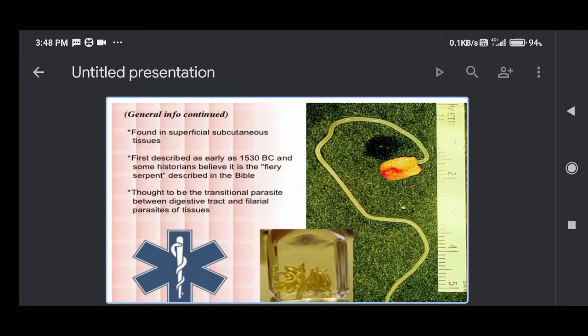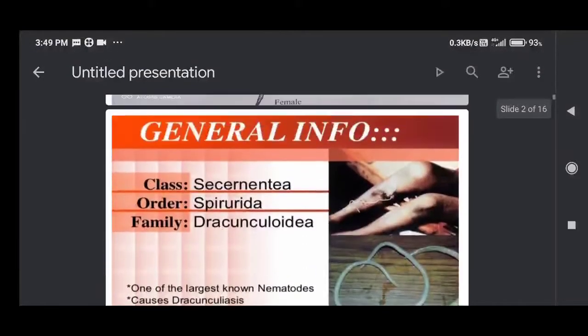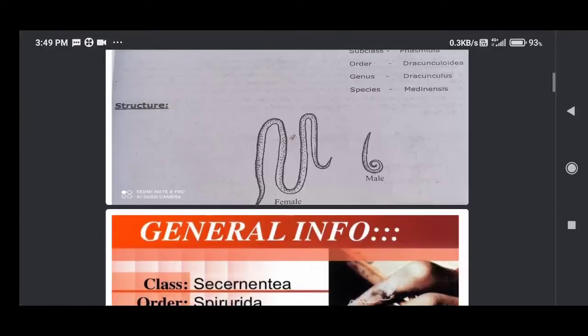Taenia solium, Fasciola hepatica, and Schistosoma haematobium live in the intestine, and Wuchereria bancrofti lives in lymph nodes. Dracunculus medinensis is a transitional parasite, which lives especially in subcutaneous tissues.